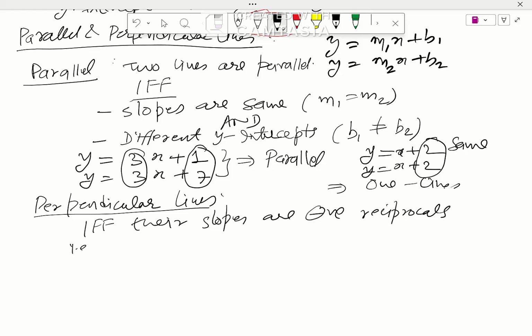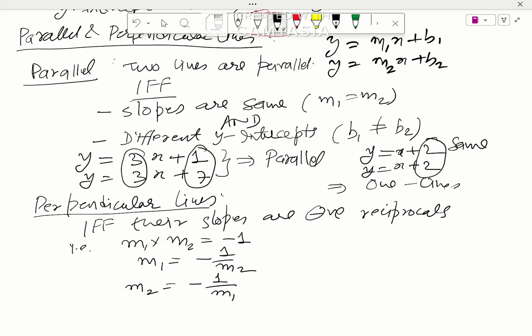So what are the conditions? m1 times m2 is equal to minus 1. So when you multiply the slopes of the two lines, the product should be negative 1. Or m1 is equal to minus 1 upon m2, or m2 is equal to minus 1 over m1.